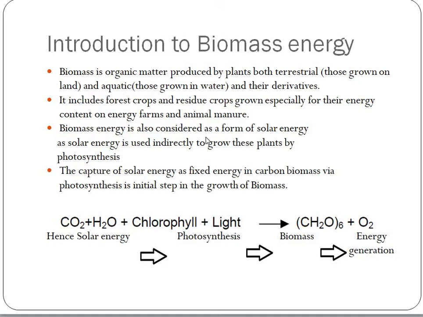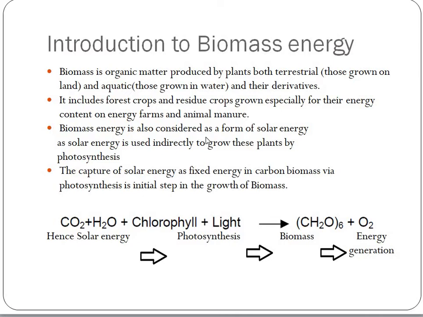Biomass is organic matter produced by plants, both terrestrial, those grown on land, and aquatic, those grown in water, and their derivatives. It is organic matter produced from plants and animals: forest crops and residue, crops grown especially for their energy content on energy farms, and animal manure.